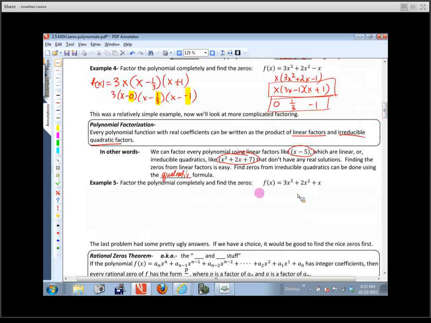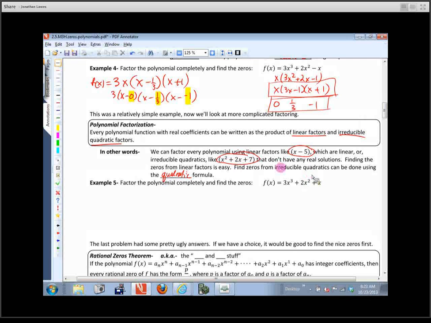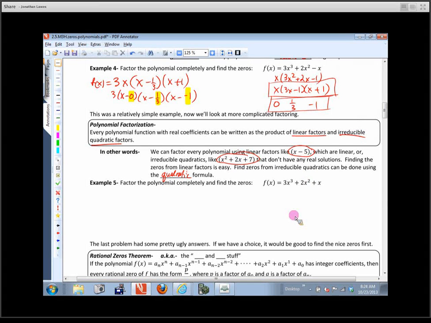Let's take a look at this problem right here. Notice how it compares to the one up above. It is almost exactly the same. So if I go through and do this problem, I'm going to factor out an x. I'm left with 3x squared plus 2x plus 1. This is a linear factor.